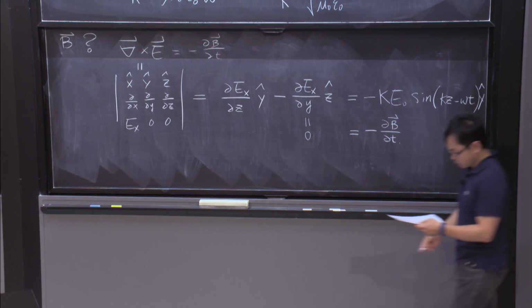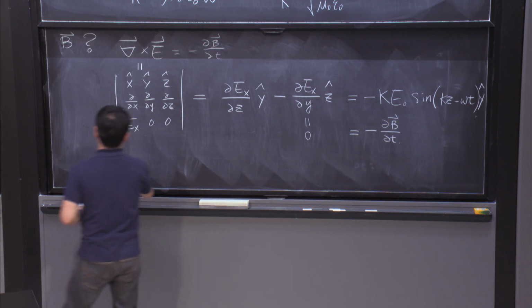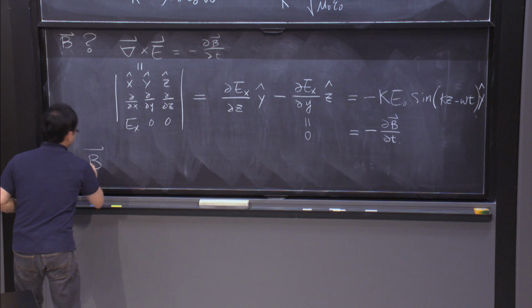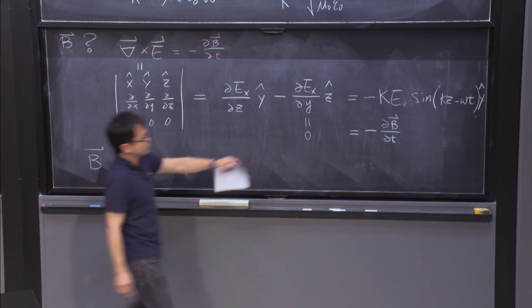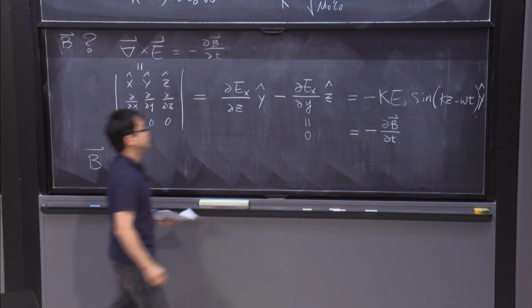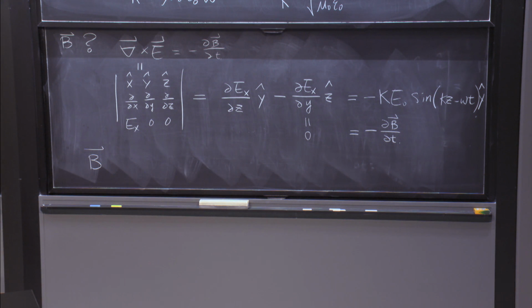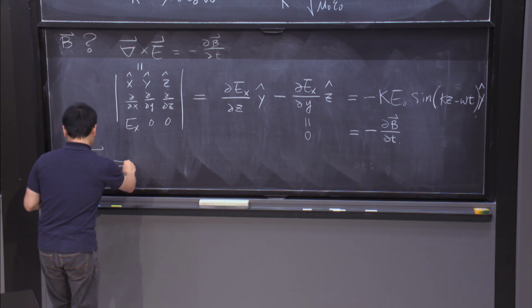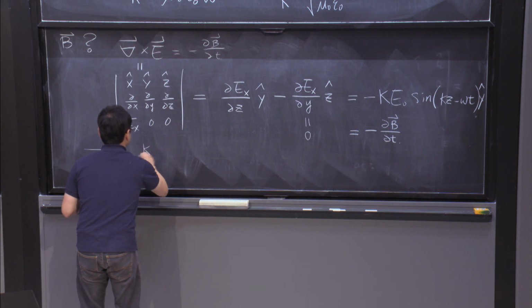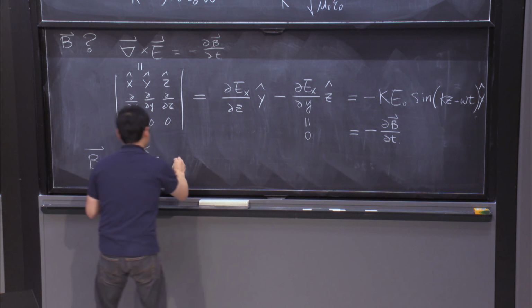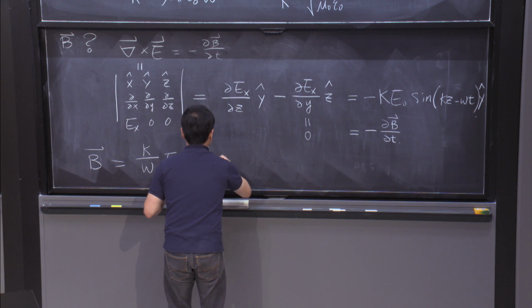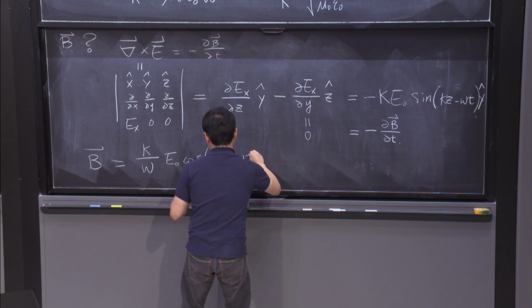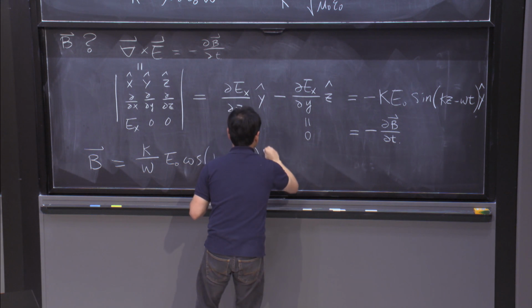So what I could do is integration over t, and also cancel the minus sign. If I integrate over t, then basically what I'm going to get is k over omega E0 cosine(kz minus omega t) in the y direction only.